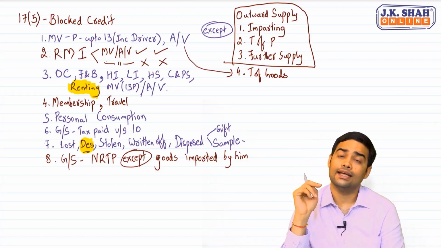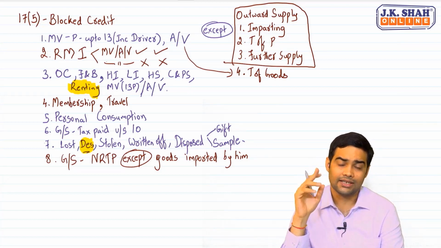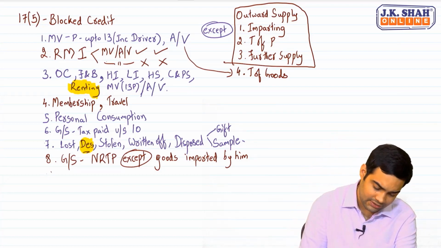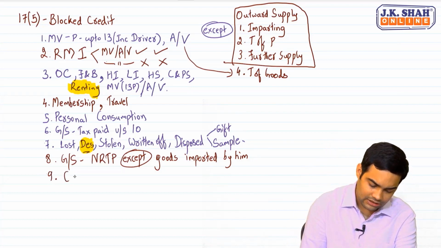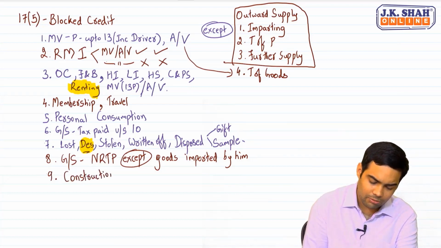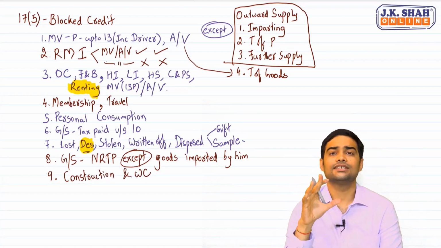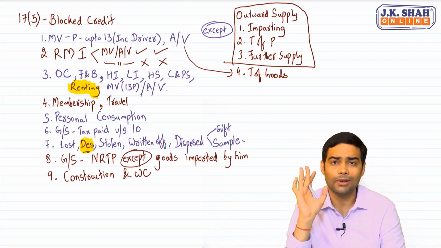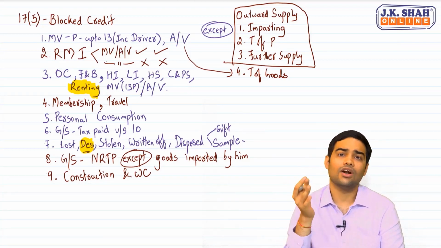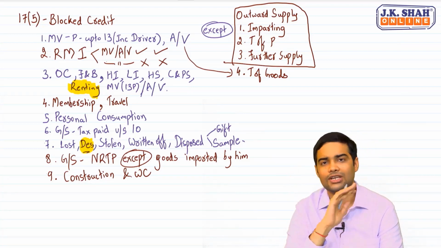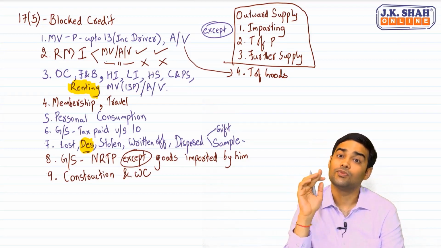Now, thereafter, the law also provides for a very important segment. See what happens in case of construction or works contract. Any goods or services used for construction of an immobile property, or works contract for construction of an immobile property, ITC will not be available.